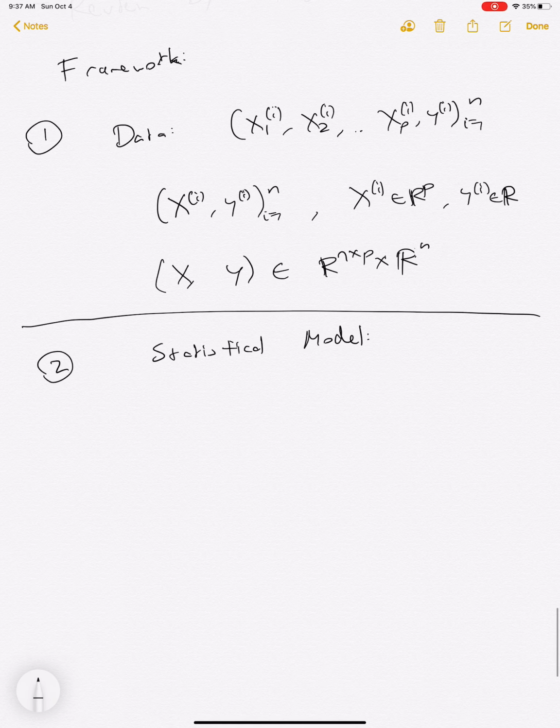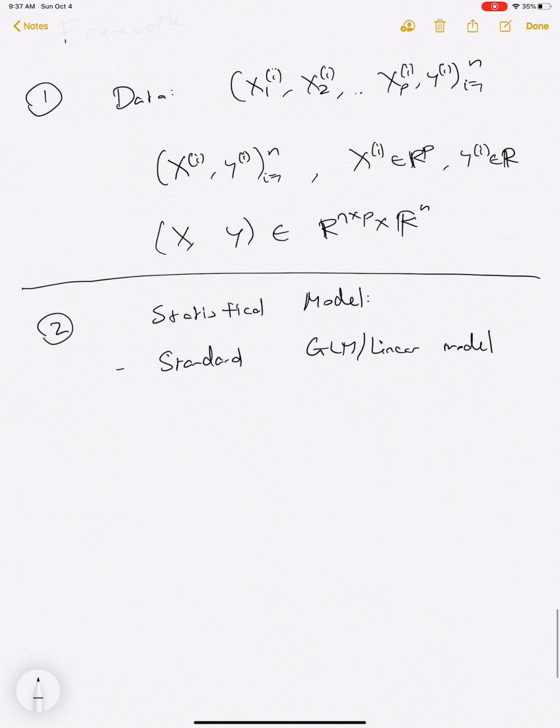The statistical model that we consider is the standard GLM, and more specifically, the linear model. I've gone through that, so I'll just point you to modules 1 and 2 for this.